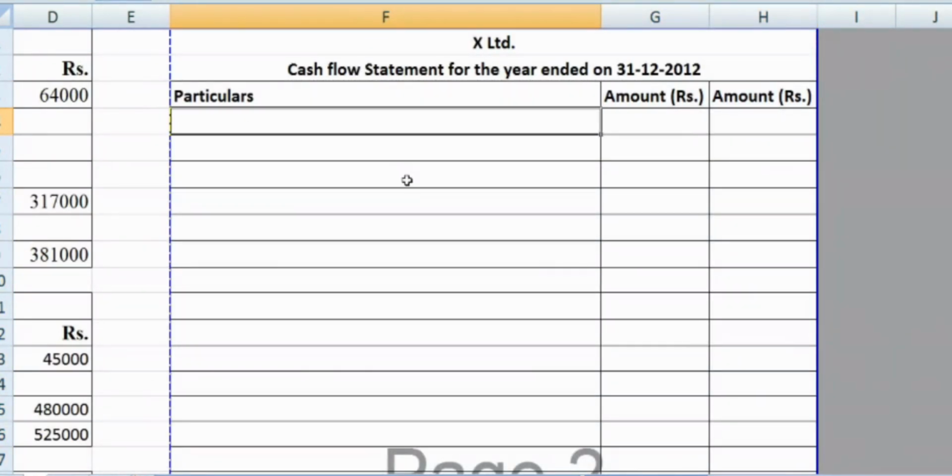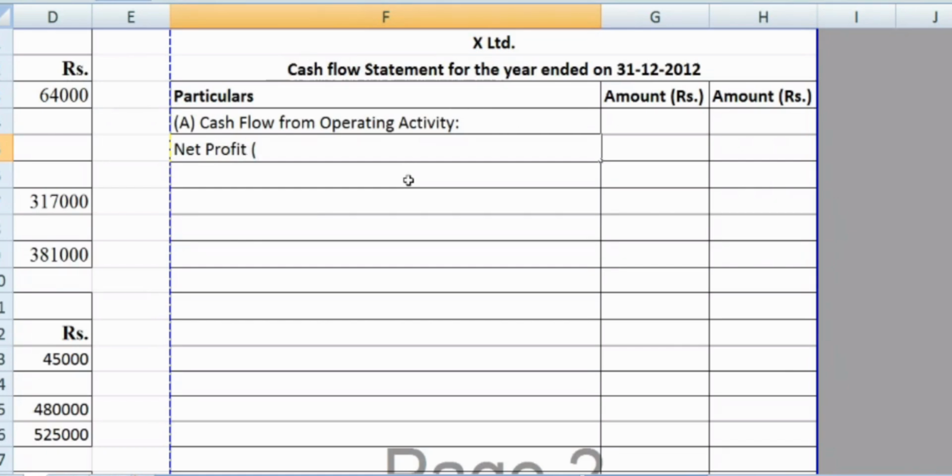So, first of all, what will we write here? A, cash flow from operating activity. In cash flow from operating activity, first of all, we write here net profit.